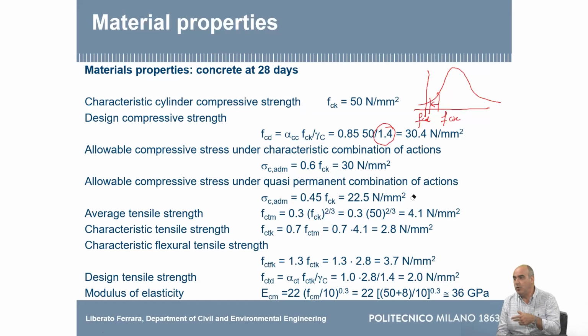And in the codes, you have some factors which tell you, okay, for apartment buildings, the quasi-permanent load is 30% of the full load. If you go into public offices, or even movie theaters and so on, that is a little higher.